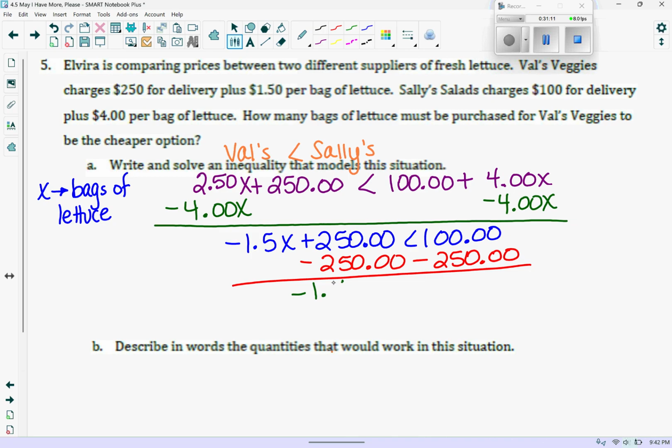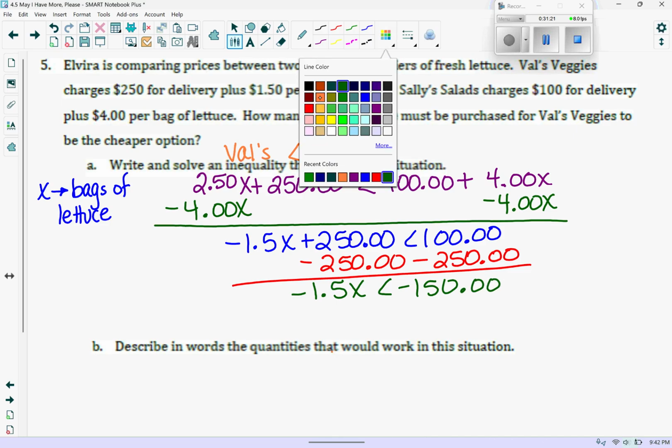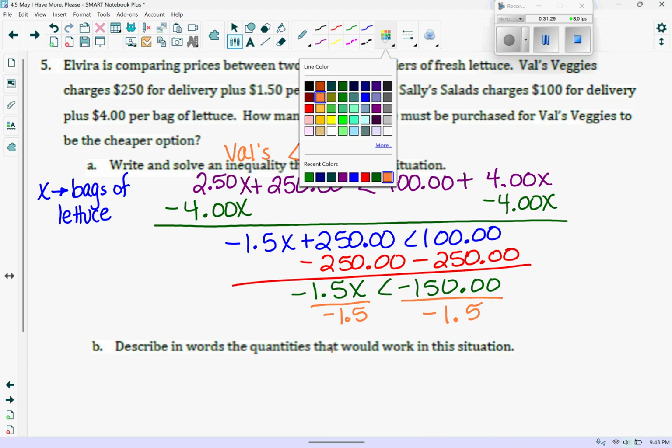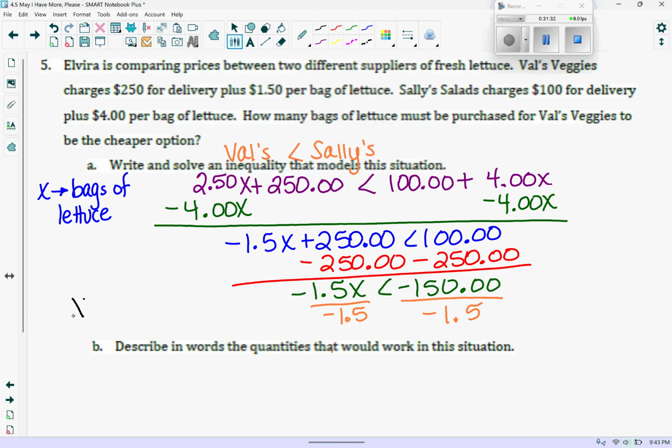And we get negative 1.5x is less than negative 150. And then divide by that negative 1.5. Remember that when we divide, we have to flip our signs. So we get x is greater than 100 bags of lettuce.